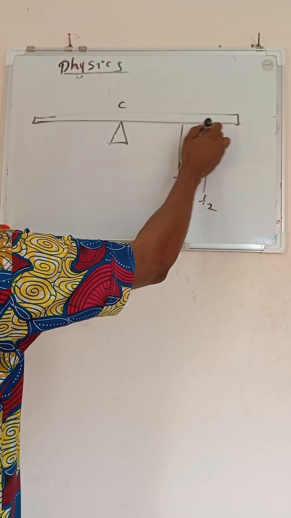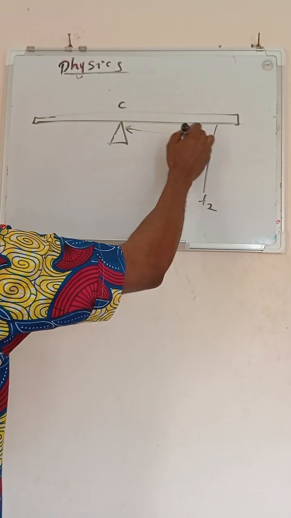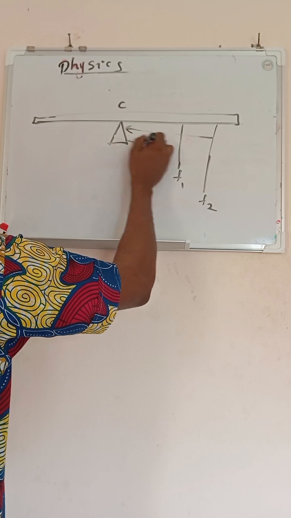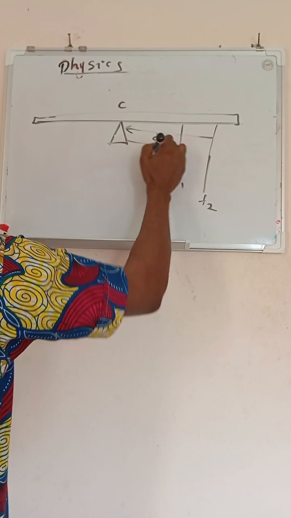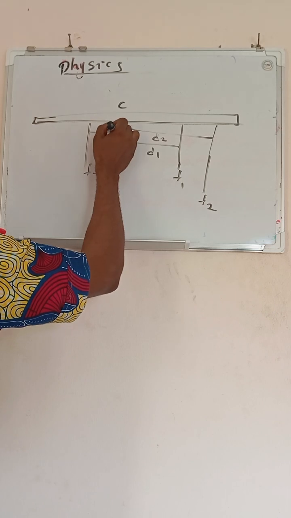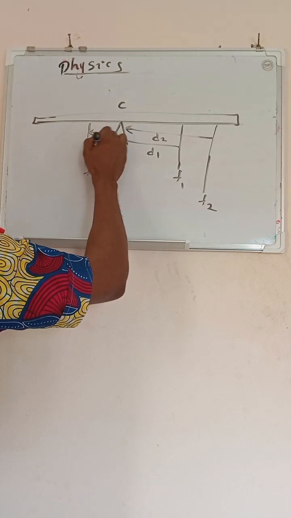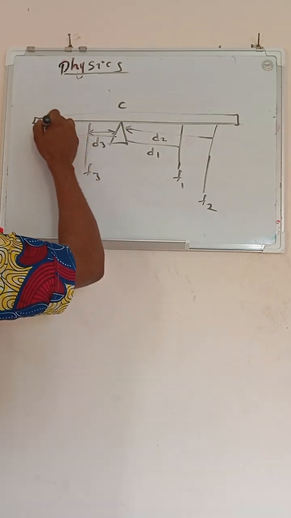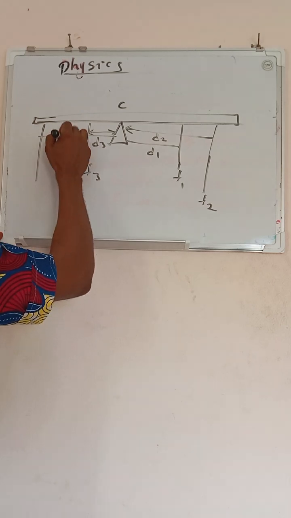The distance from F1 to the pivot is called D1, while the distance of F2 is called D2. Then if I have another force here, F3, the distance from here to here is called D3. And another one, F4, the distance is D4.